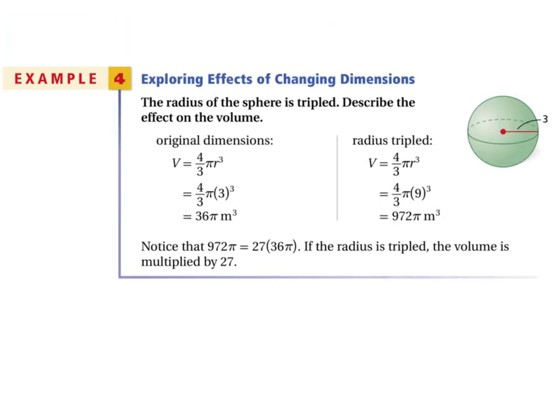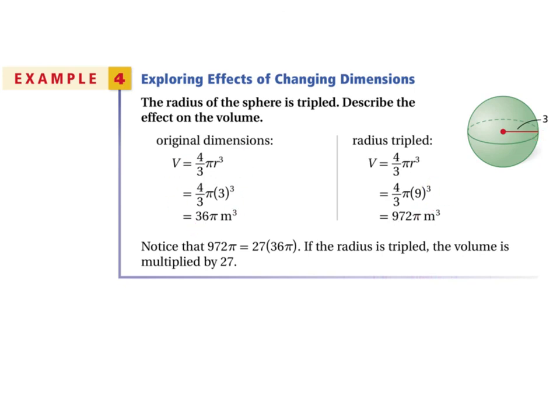In example 4, I've given you all of the work. It asks, if the radius of a sphere is tripled, what effect would that have on the volume? Now, you should be able to do this with no work. That's why I'm giving it to you. You can take the radius here of 3 meters, plug it in, and then triple it, plug in 9, and see what happens.